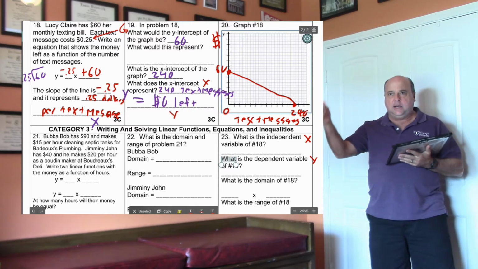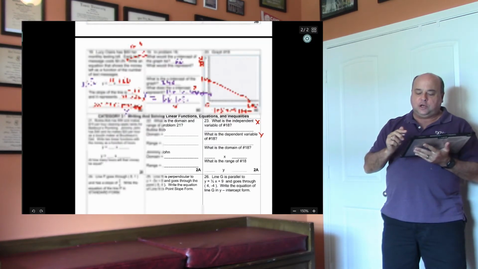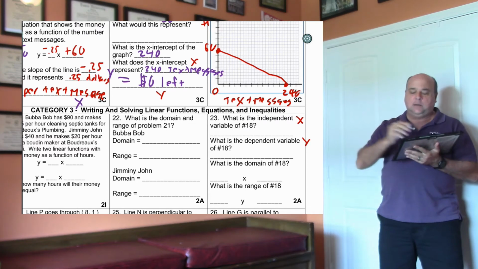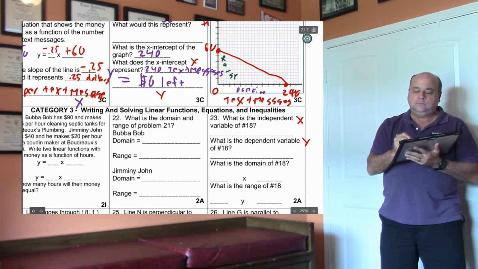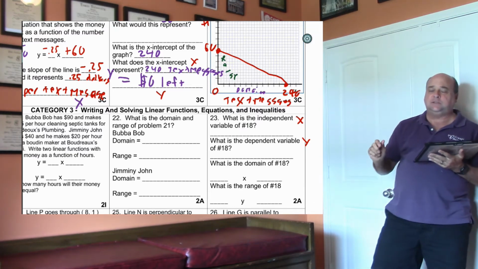Those words are your independent and dependent variable. I'm going to let you fill those in. Your domain would be your x numbers, right? This right here would be your domain, and this right here would be your range. So your domain would go 0 to 240, your range would go 0 to 60.